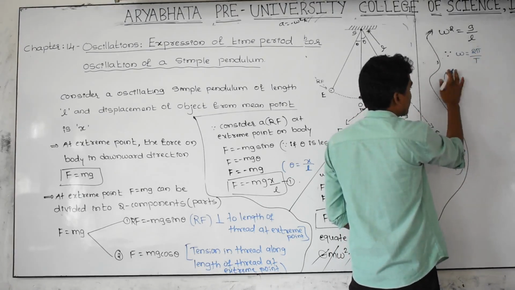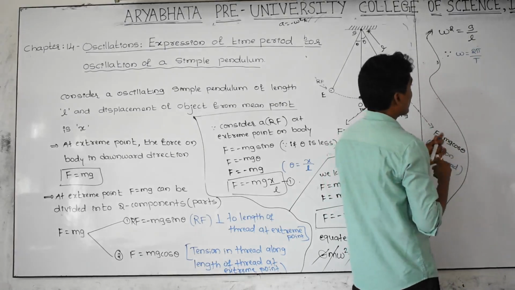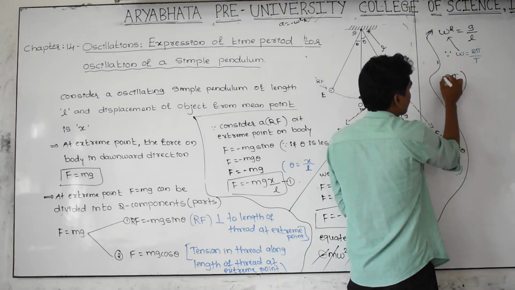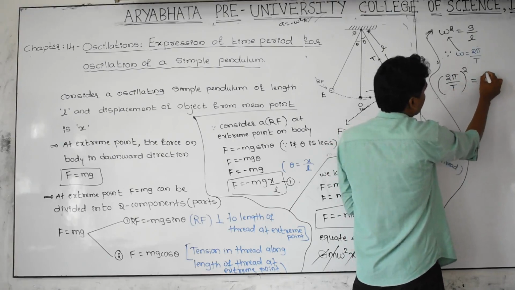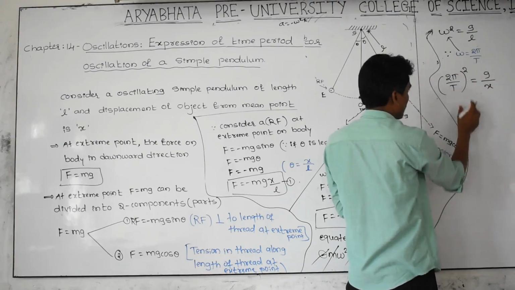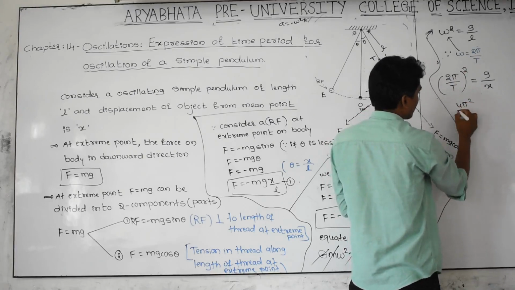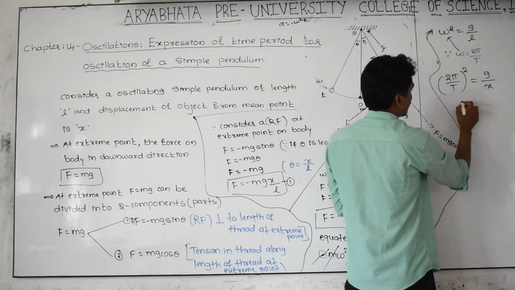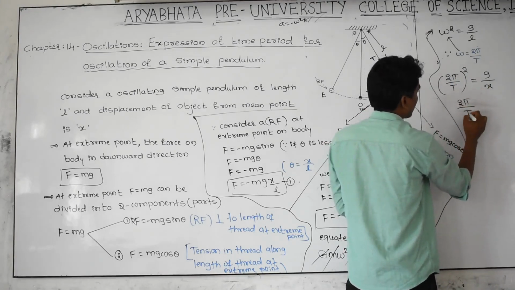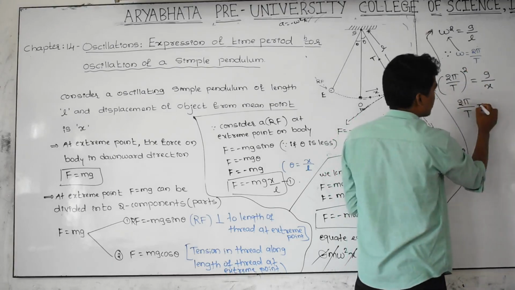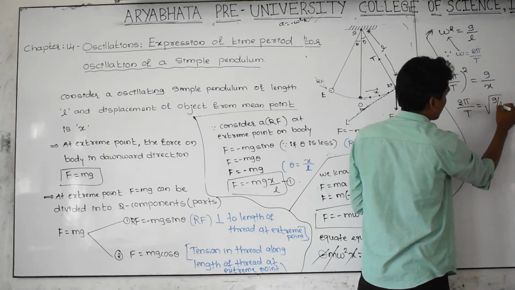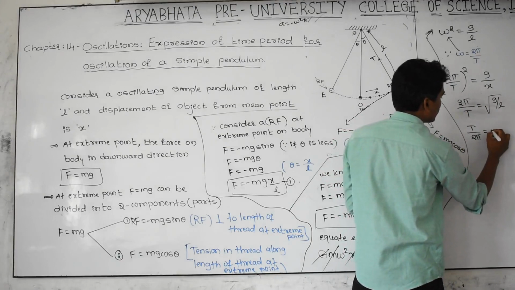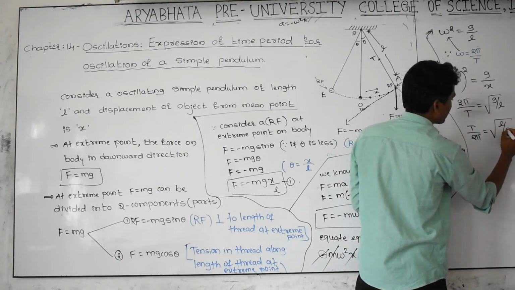Substitute the omega value here: 2 pi divided by T, whole square, and g by L as it is. This is 4 pi square divided by T square, or else you can take 2 pi divided by T. If you want to remove the square, make it root g by L, and inverse the function, T by 2 pi is equal to root of L by g.